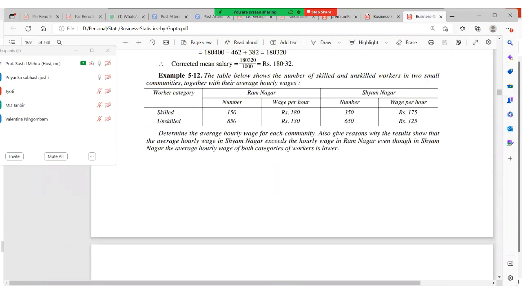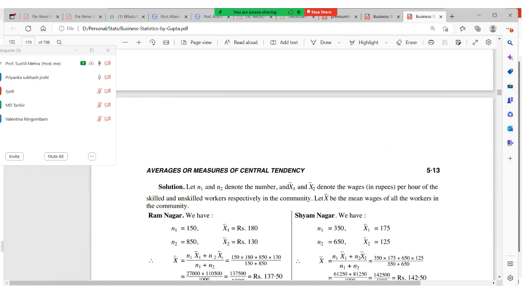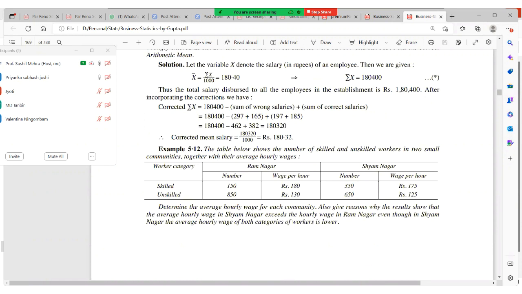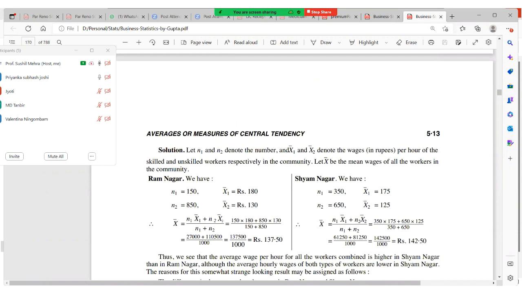This example is given for Ramnagar and Shamnagar. In Ramnagar, skilled workers are 150, unskilled workers are 850. Skilled workers get 180 and unskilled workers get 130. In a similar way for Shamnagar, right? N1 150 is given for Ramnagar, N1 150, N2 850, X1 bar 180, X2 bar 130. Right?